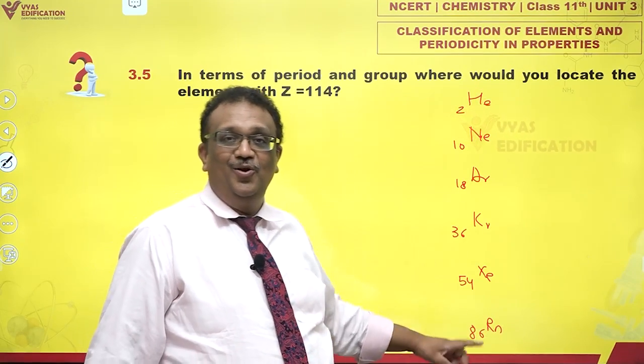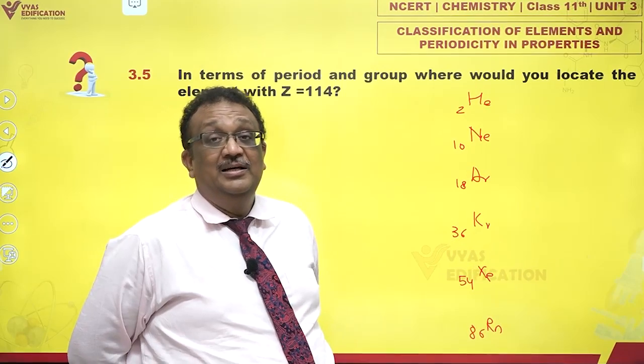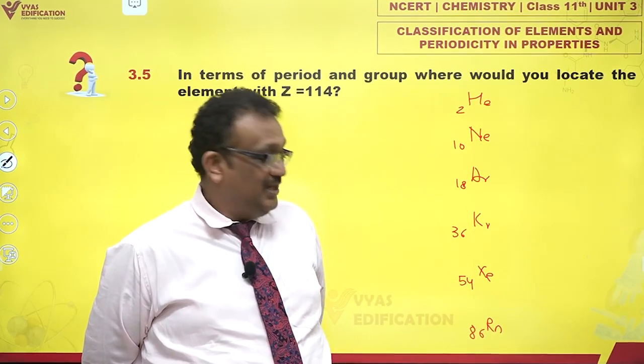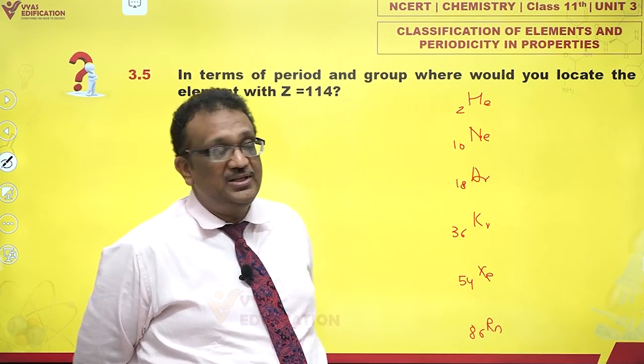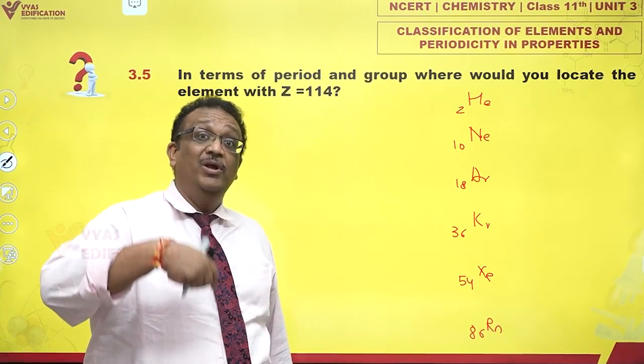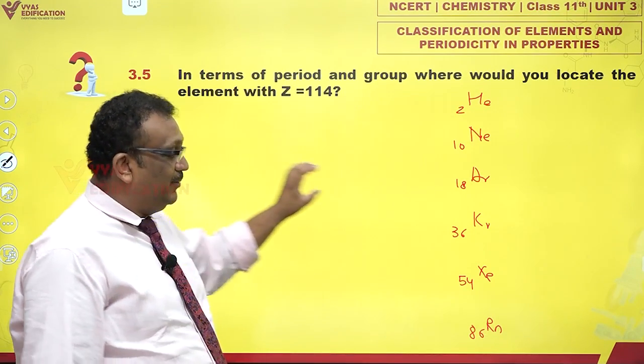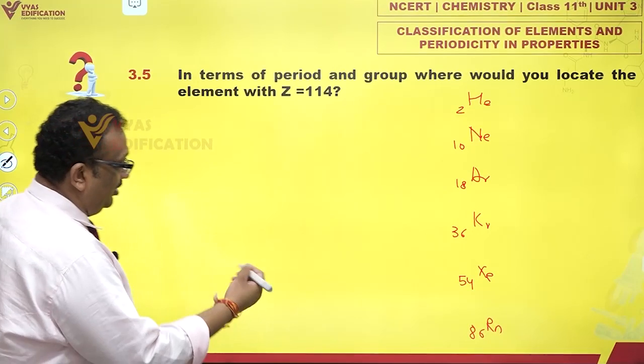These are the classical noble gases. So we have radon, the 6th period noble gas, coming at atomic number 86. So if we have an atomic number more than 86, that means we are moving beyond the 6th period. And how many of them can be accommodated in the 7th period? 32 more.